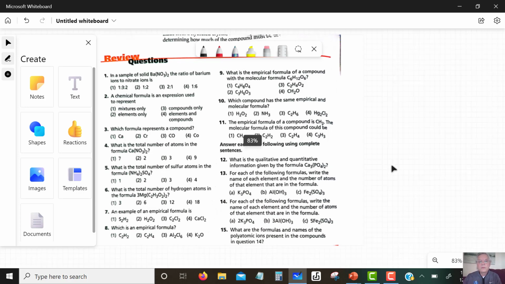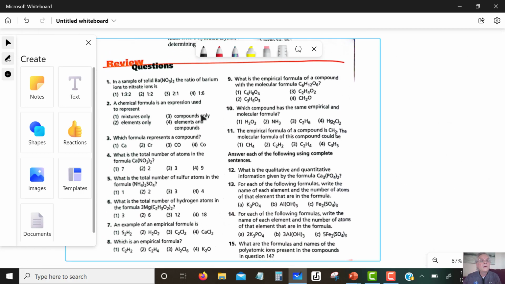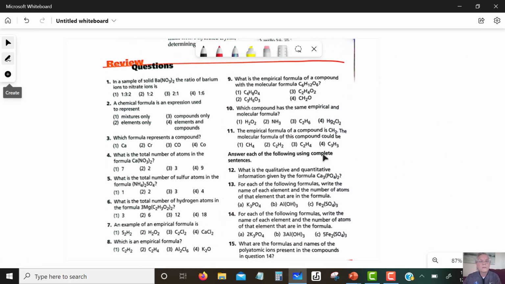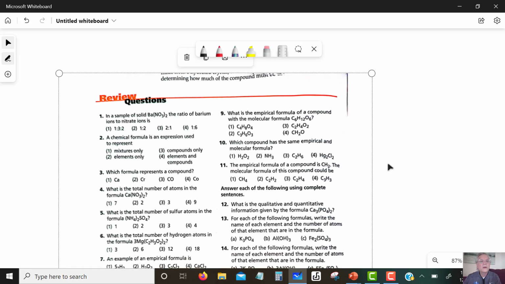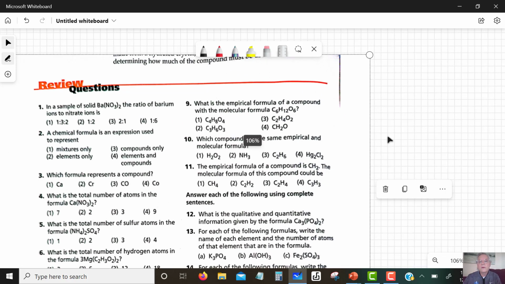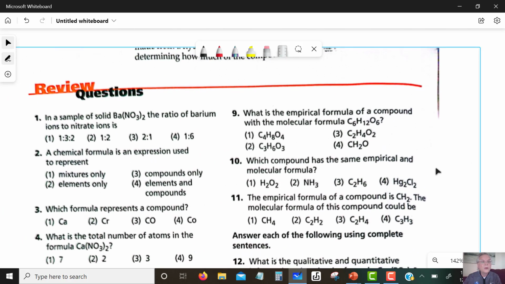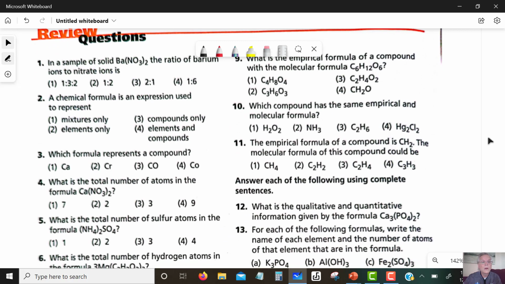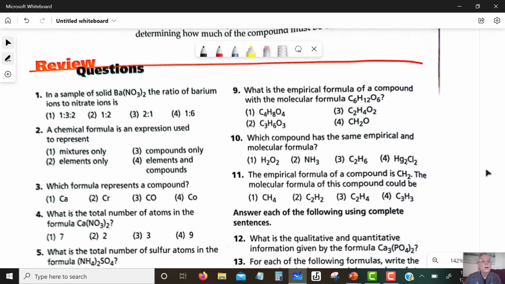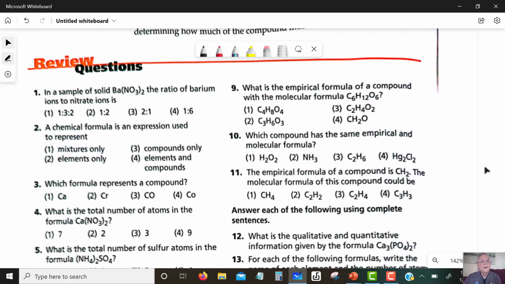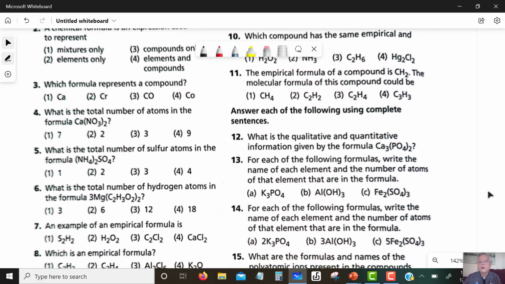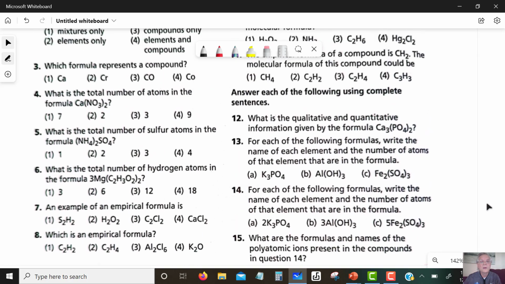So these questions, we'll look at the odd problems together, and then you can finish the even ones on your own, and I will post the answers to the even ones.